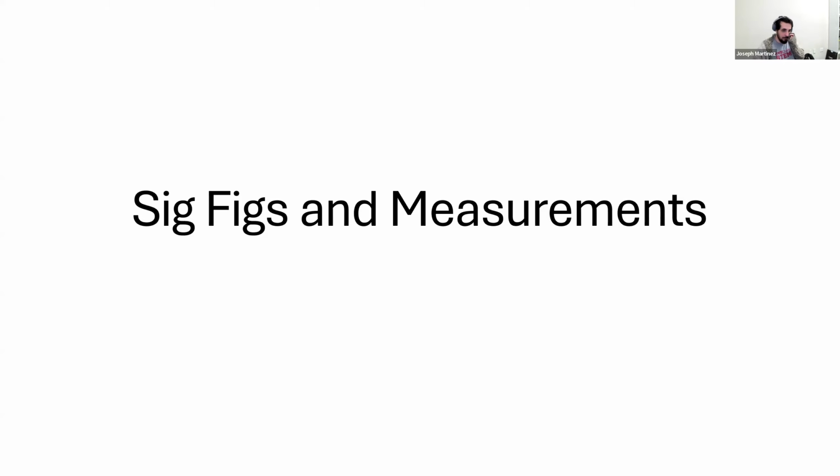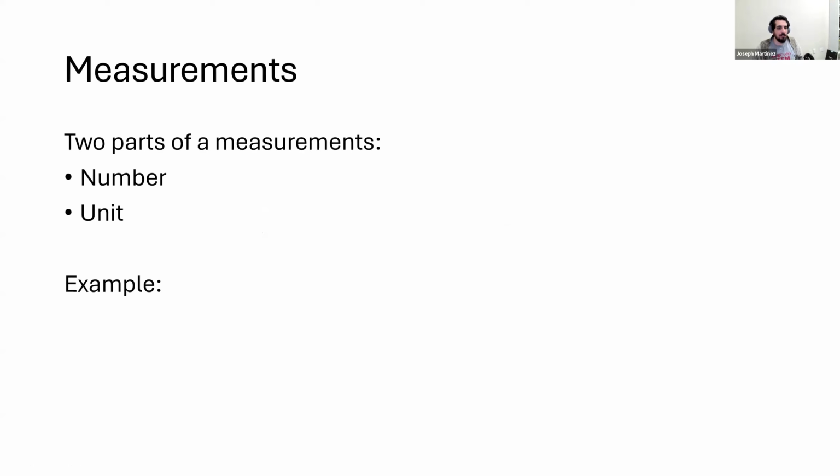So we're going to talk a little bit about what makes a measurement. For any measurement, there are two parts associated with it, right? Every measurement needs a number, and every measurement needs a unit. These are the two necessary things to make sure that your measurement has meaning.